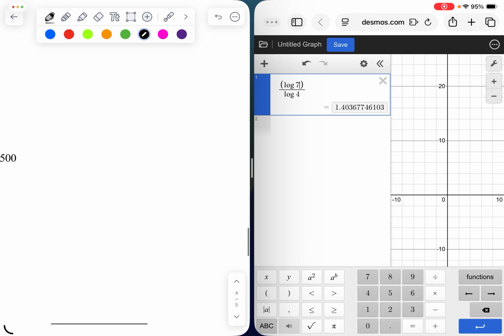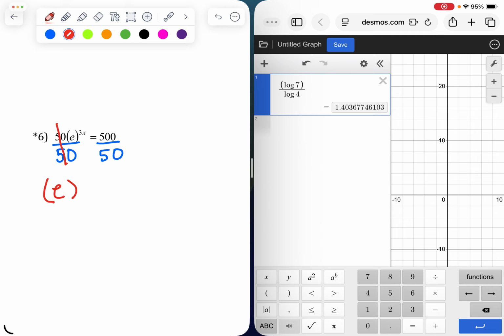Now first thing, let's divide both sides by ln of e. So divide this ln of e and this ln of e. And then you're left with 3x equals, and I want to show you something real quick.